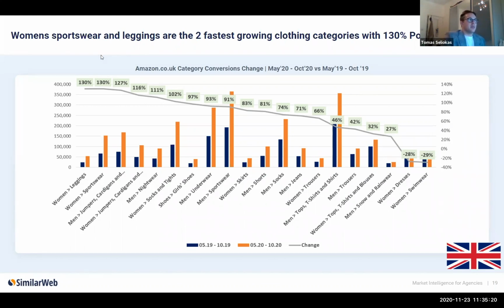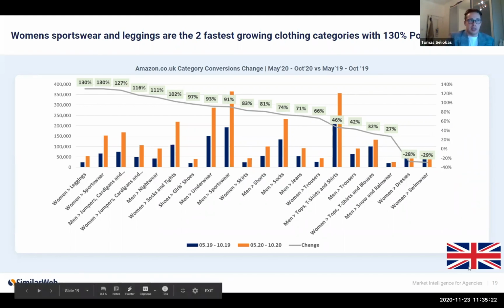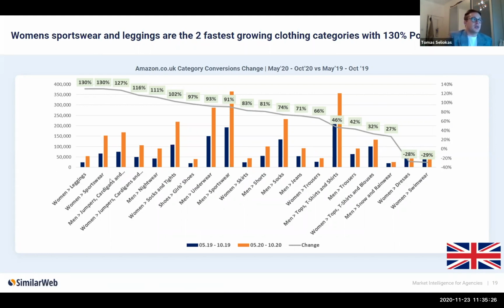So as an example, we looked at the UK this time, not the US, and looked at different categories of Amazon.co.uk. These are conversions for women's leggings, women's sportswear, men's nightwear, women's socks and tights, so different categories of fashion or clothing.